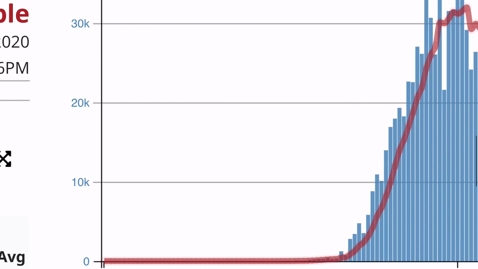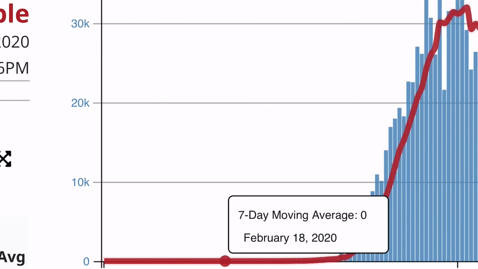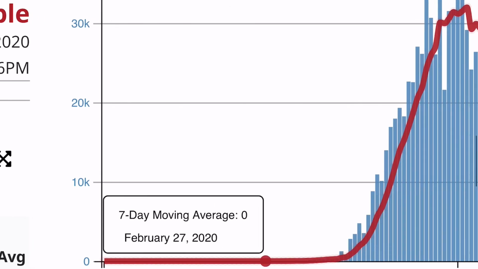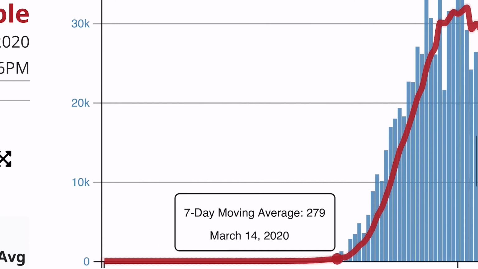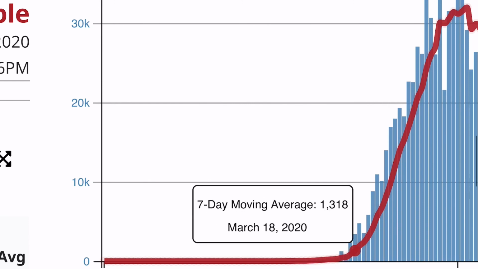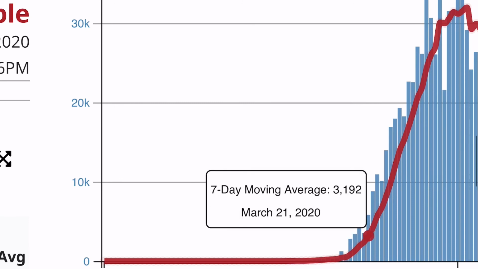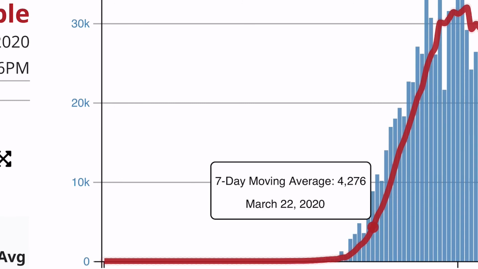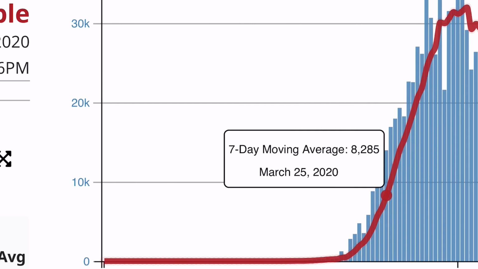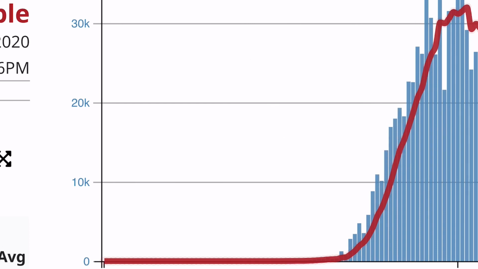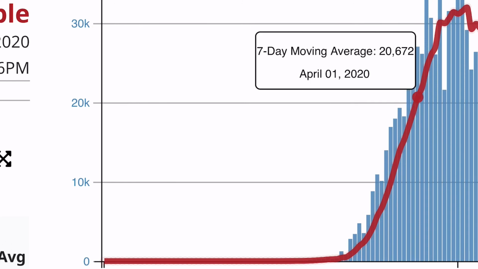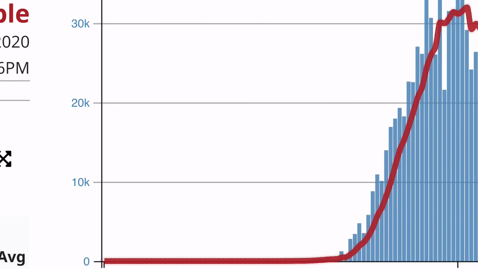The moving average is increasing, right? You see this? 200, 400, 800, thousands. So here's the 7-day moving average: 6,000, 8,000, 10,000, 12,000, 14,000, 20,000 cases a day, 22,000 cases a day, 24,000.